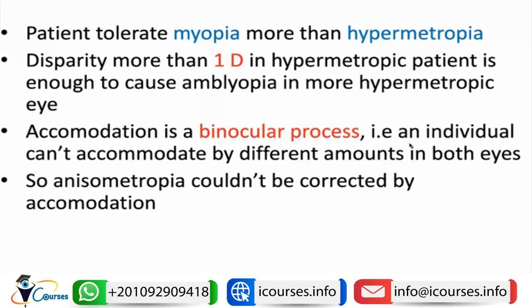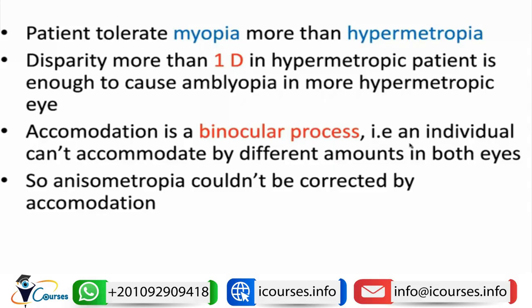So why doesn't the child use his accommodation for this +2 diopter eye so that he can see clearly? This is because accommodation is a binocular reflex. We cannot use accommodation by different amounts in both eyes. If we are going to use accommodation, it will be symmetrical in both eyes.